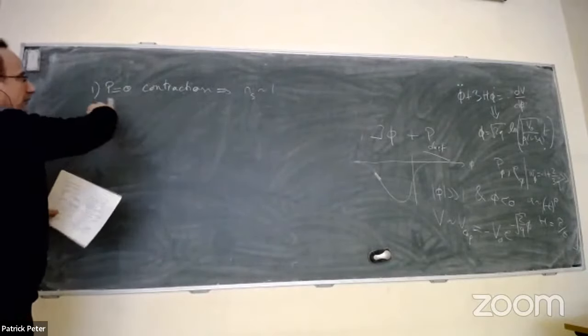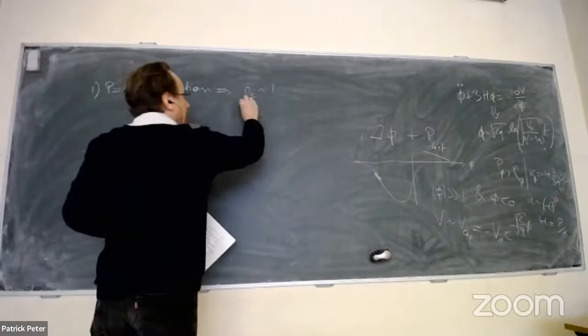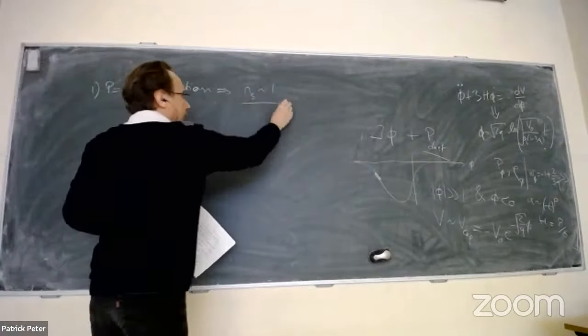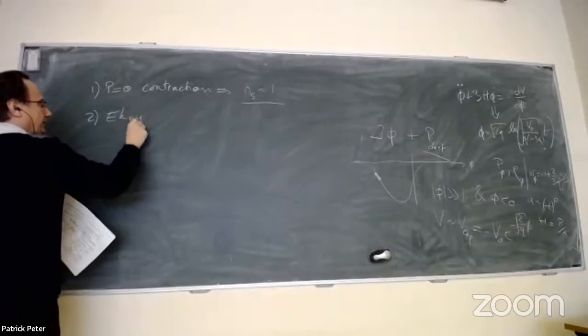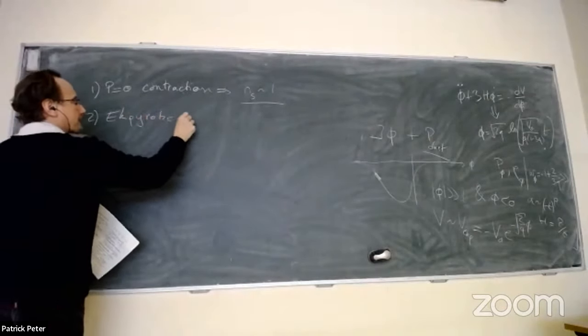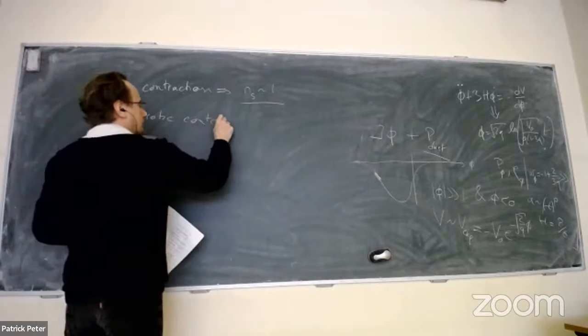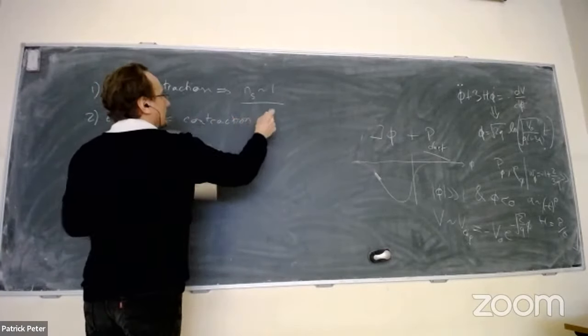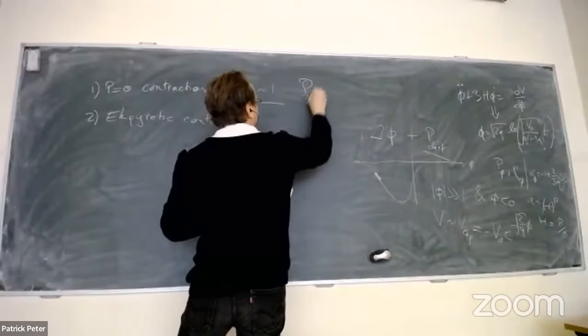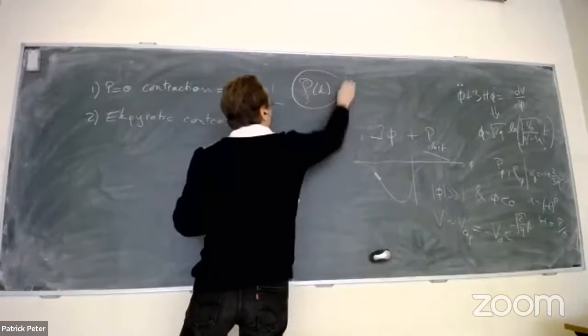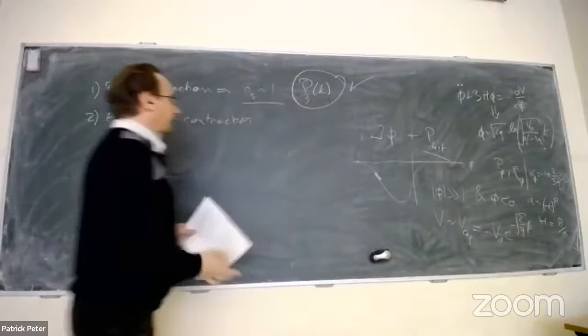Okay, then after this contraction, I produce the spectrum of perturbation, and I'm not interested in that anymore, right? Then I have the Ekpyrotic contraction. That one produces the spectrum, P zeta K, which is okay with the data, say.